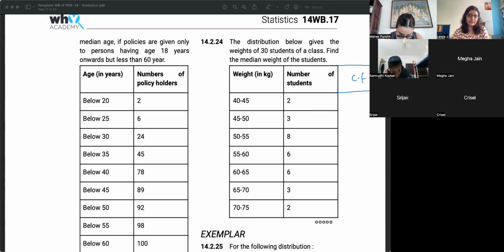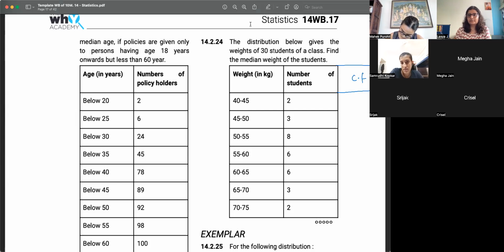Anybody has any doubt at any point? You're not sure, should I take this value or that value? Anything at all, let me know. Ma'am, how do we find the median class?